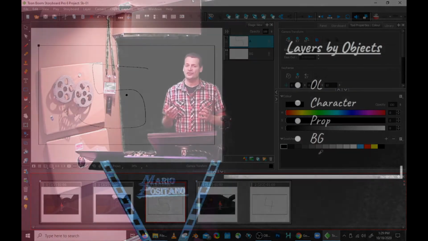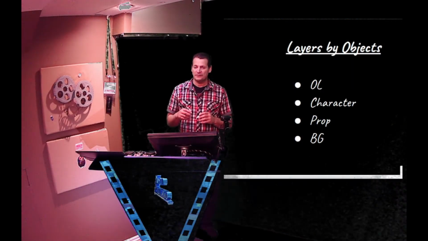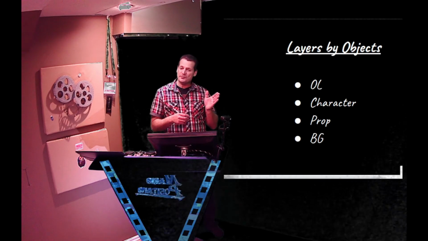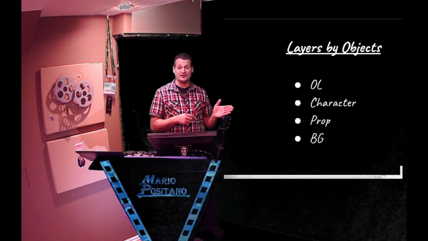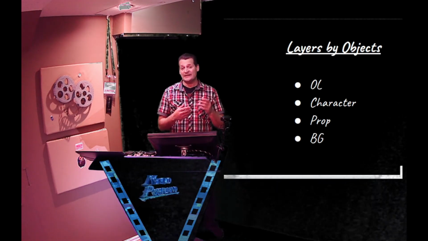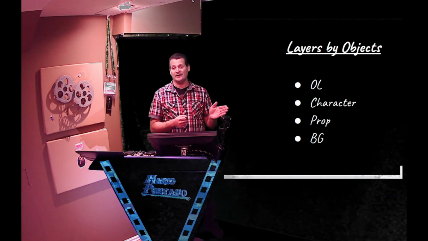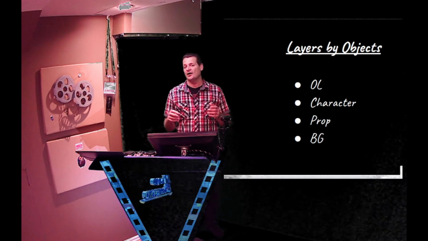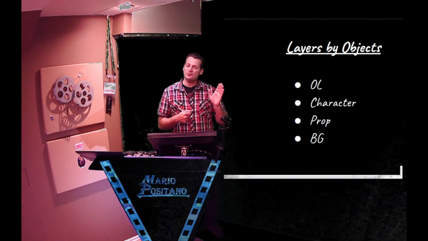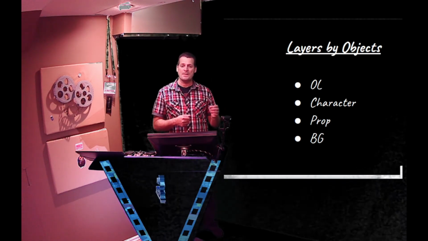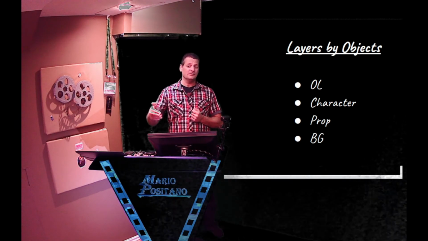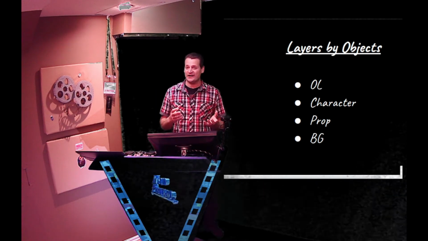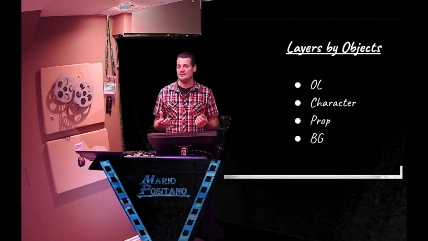Now, as you start drawing your panels, think about separating your objects. So put your background on its own layer. Put the character on its own layer. Put the prop, if the character is carrying something, or if there's a car, put the prop on its own layer. And if there's something in front of the character, put it in its own layer as well. So we want to separate our layers by objects.